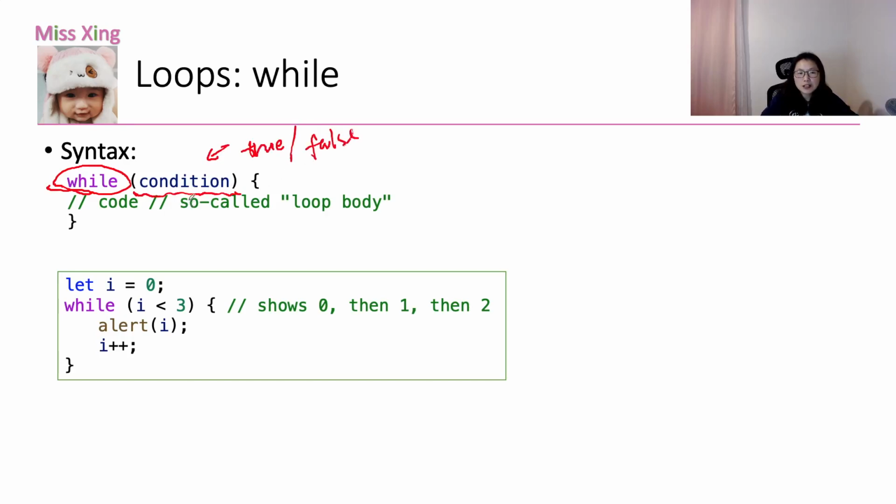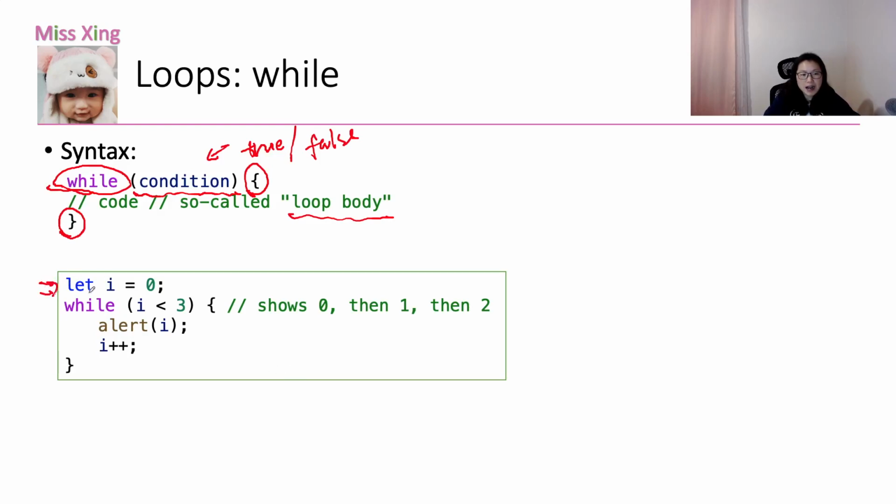If the condition you give is true, then it will execute the body, which is the statements inside the braces. If it's false, the statements inside the body won't be executed. The statements in the body we also call the loop body, just another name for that. Let's see one example.